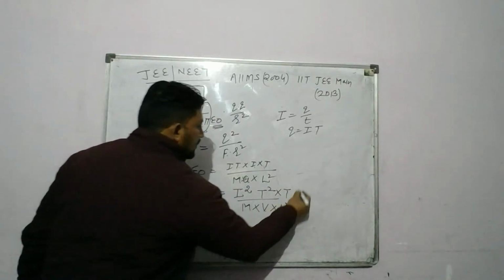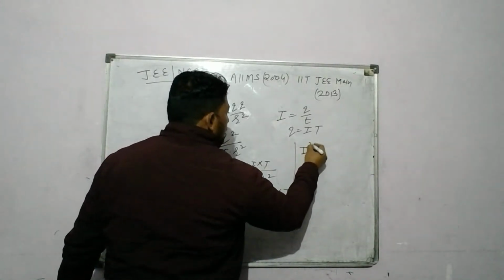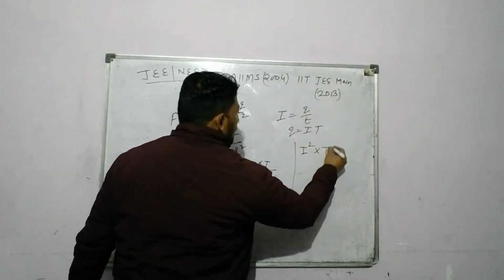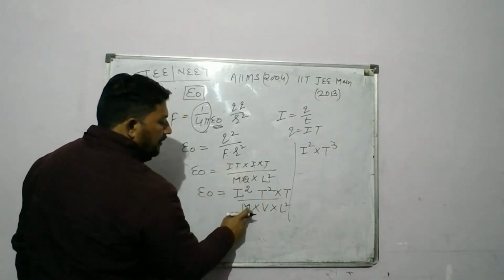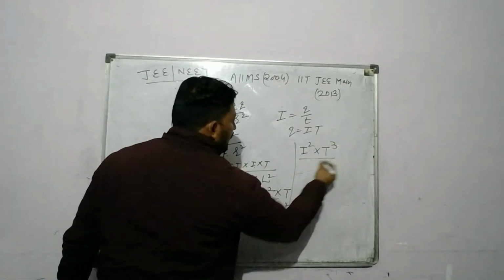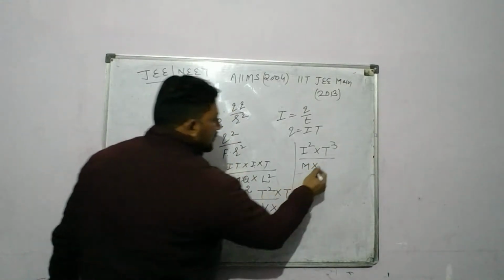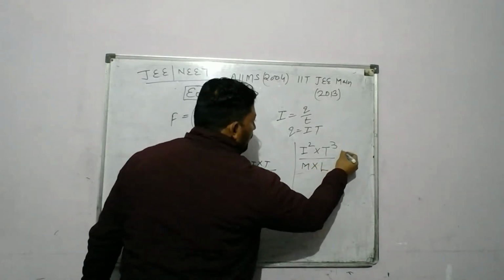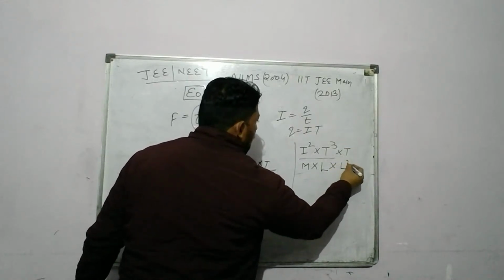So I square multiplied by T cube, T square into T cube, divided by M multiplied by velocity, and velocity is equal to displacement upon time, multiplied by L square.